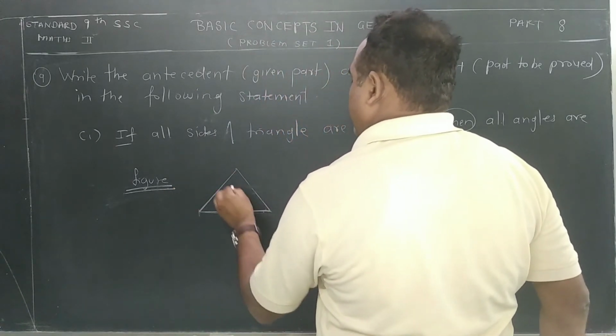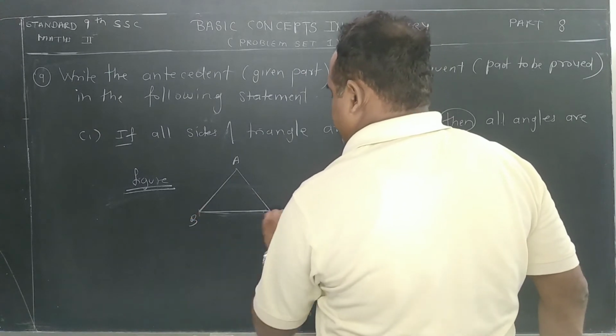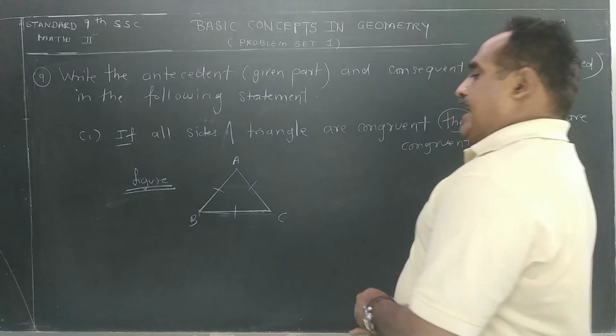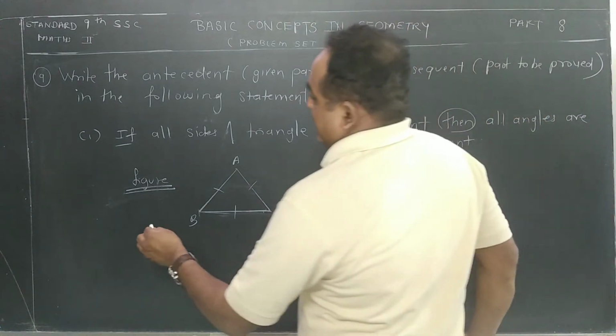All sides equal means, suppose I label it A, B, C. All sides are equal, so we draw it like this. Is it right? So what is the antecedent?